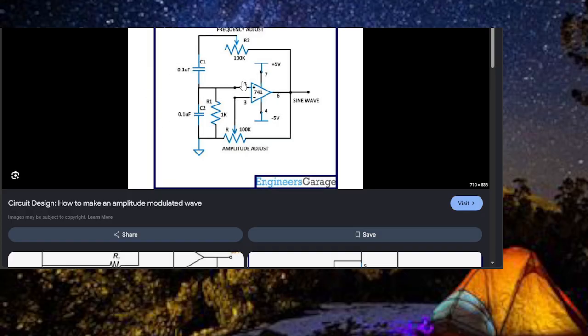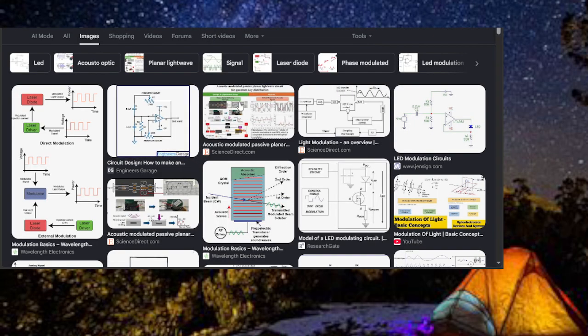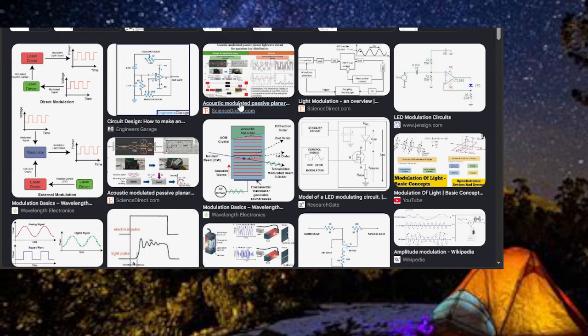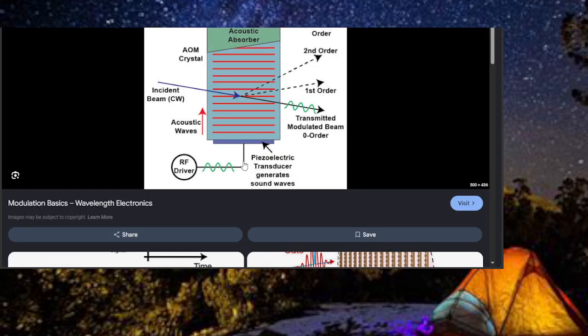That's just a sine wave generator. How to make an amplitude modulated wave. An acoustic absorber, incident beam. Oh, what's this? Piezoelectric transducer generates sound waves.